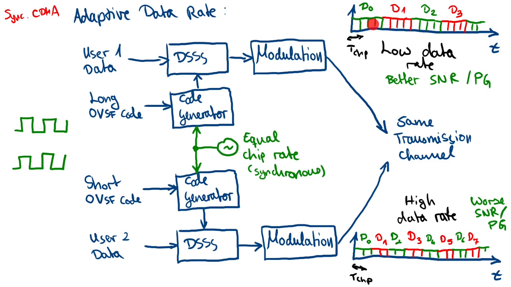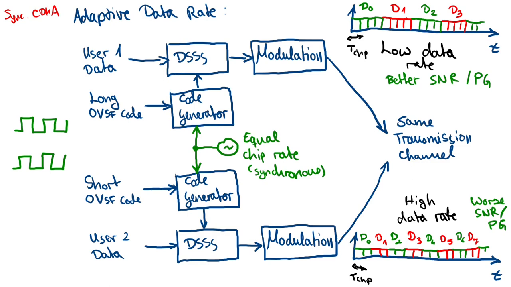So here in this example, low data rate, you encode one data symbol with 4 chips, whereas in the case for user 2, in the high data rate case, you have only 2 chips for one data symbol. So 4 chips in contrast to 2 chips. And now it becomes clear that you get a better processing gain and therefore improve your signal to noise ratio.